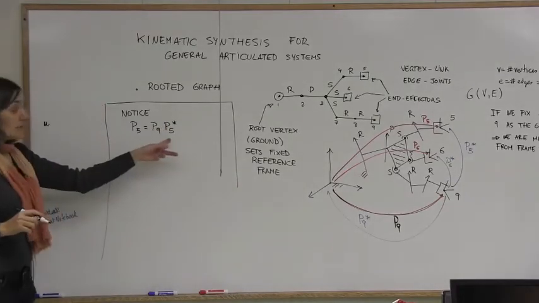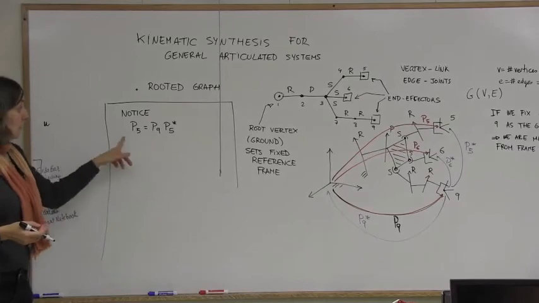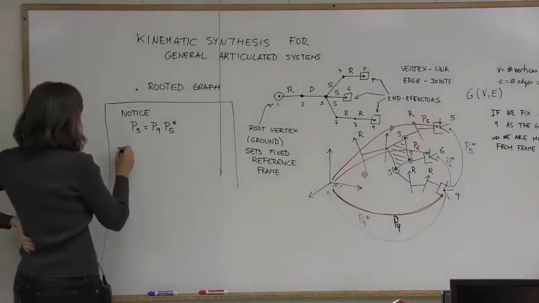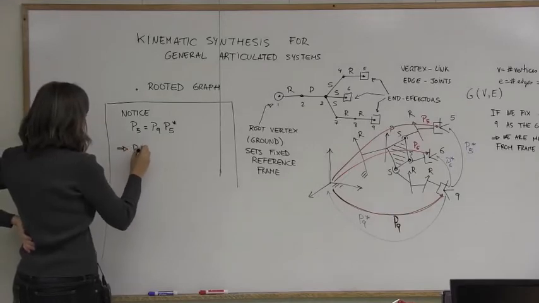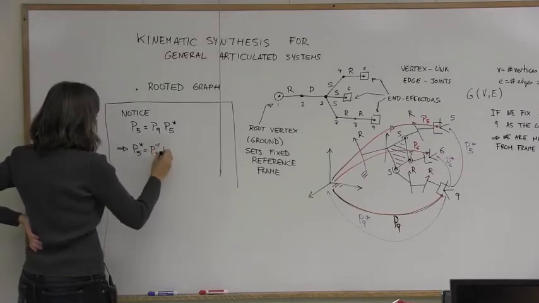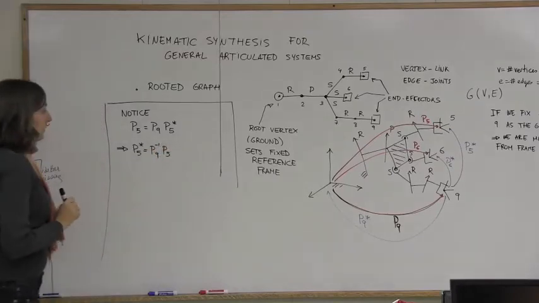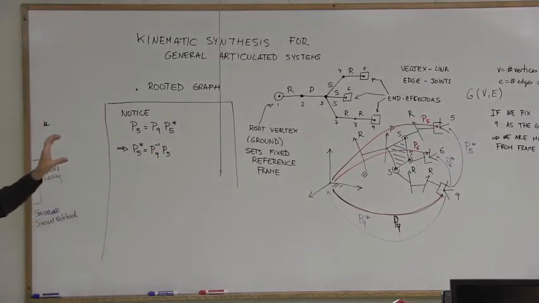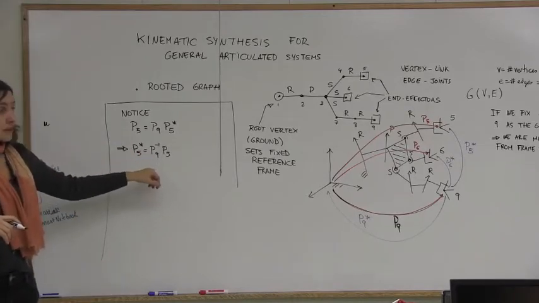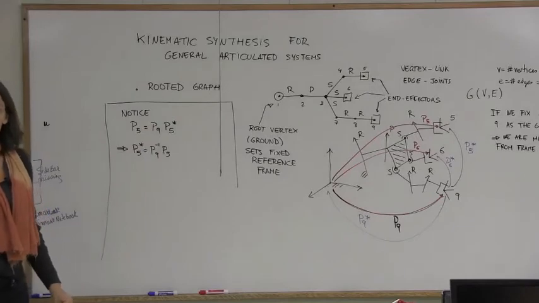So if we want to compute P5 star, we can just pre-multiply by the inverse of P9. P5 star will be equal to P9 inverse P5. That's the way we change the reference frame that we measure from. We pre-multiply by the inverse of the transformation to that frame.